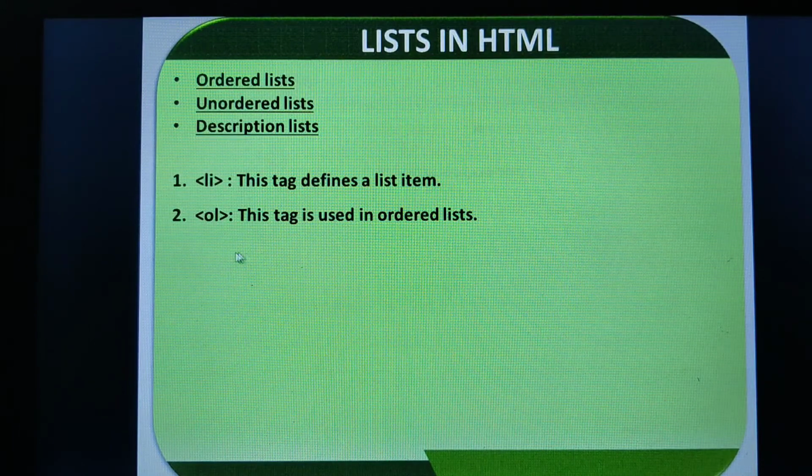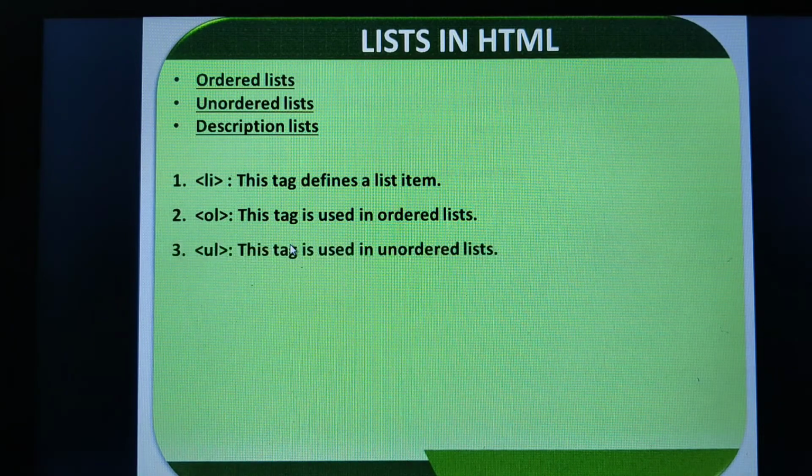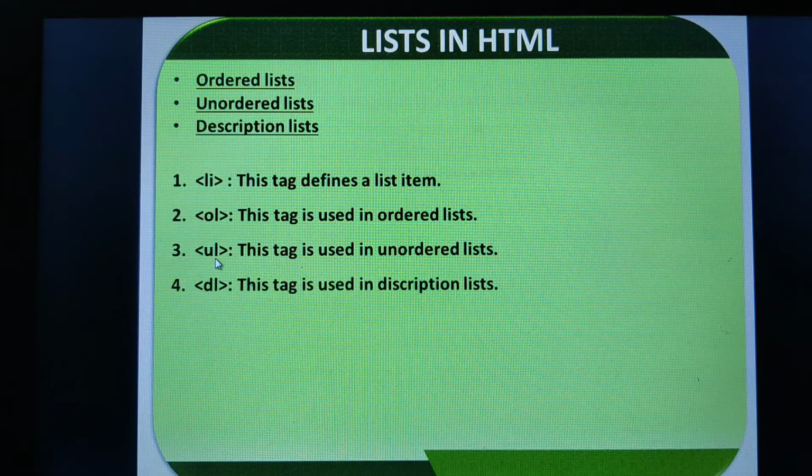If you want ordered lists, then along with this li tag we need to use the ol tag. Similarly, for an unordered list, we have a tag known as the ul tag, and if I have to have a description, then we have the dl tag. So these are the few tags which we are going to use when we have to create the lists in HTML.